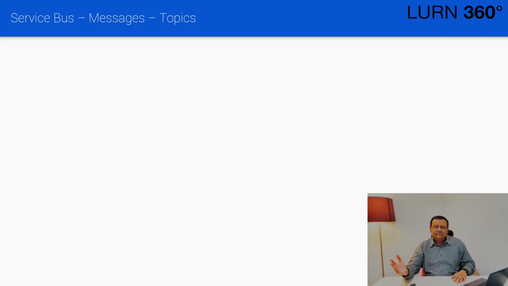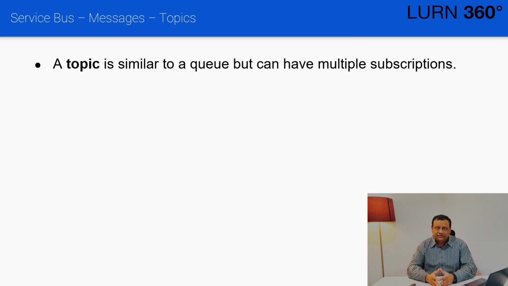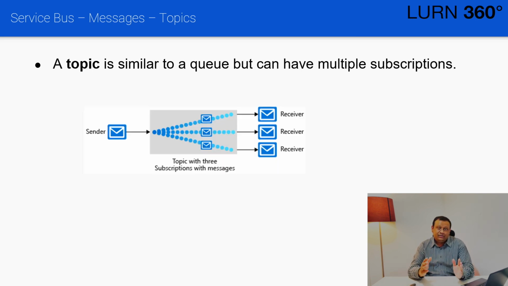The second thing is topics. Let's see what topics are. So, Service Bus queues and then Service Bus topics. Topics are very much similar to queues, except for one distinct difference: one sender can send a message to a topic, and then there can be multiple receivers of the same message.